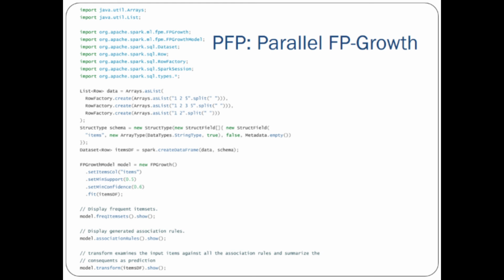Items df means the schema that you want to set for the items. Then you do the model training to show the frequent item set, then you show the association rules as the output, and then you transform the whole thing according to items df, meaning the way you want to output the result.